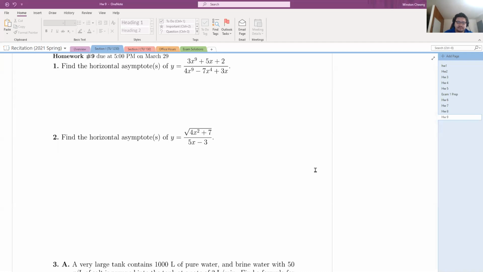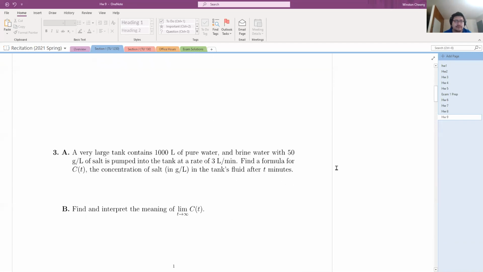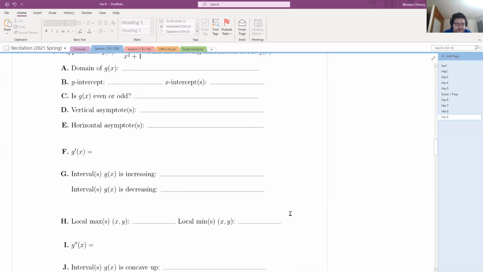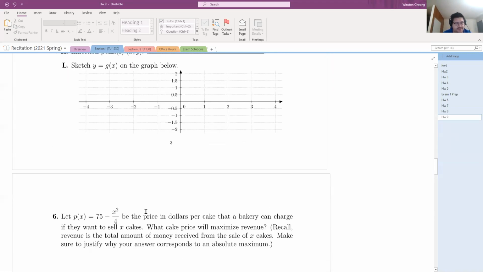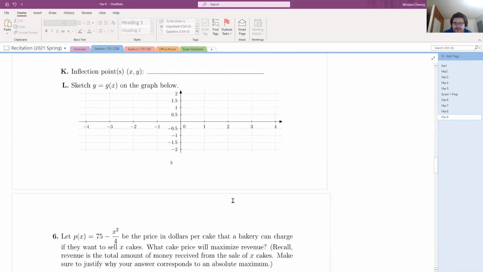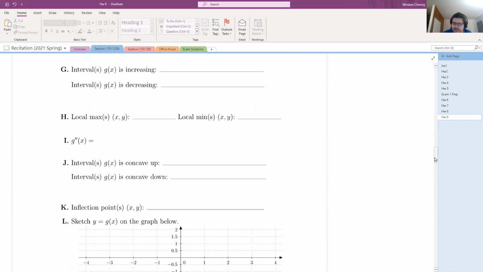That's seeing, as you let x go to a very large number, what does the overall function do at the ends of the function? And so that will indicate for you whether or not the function has a horizontal asymptote. Then we end up running through the whole curve sketch process for two problems, and we'll probably stop at this point.